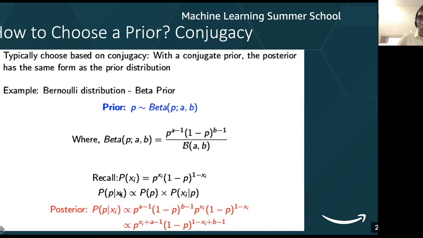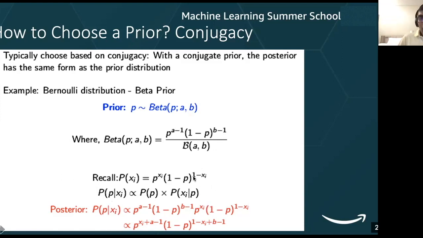So then to compute the posterior, which is the probability of theta given x, in this case, the posterior for the ith example would be the probability of p, the theta parameter here is p, the probability of heads, given xi, right? Which is then proportional to the prior term, which is the probability of p, which is nothing but your beta distribution, times the likelihood, which is the probability of xi given p, the expression for which we had derived in the last slide.